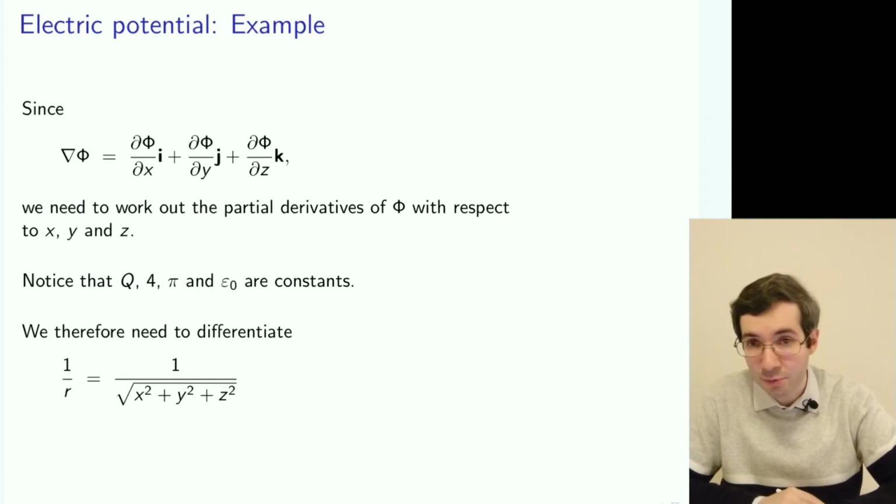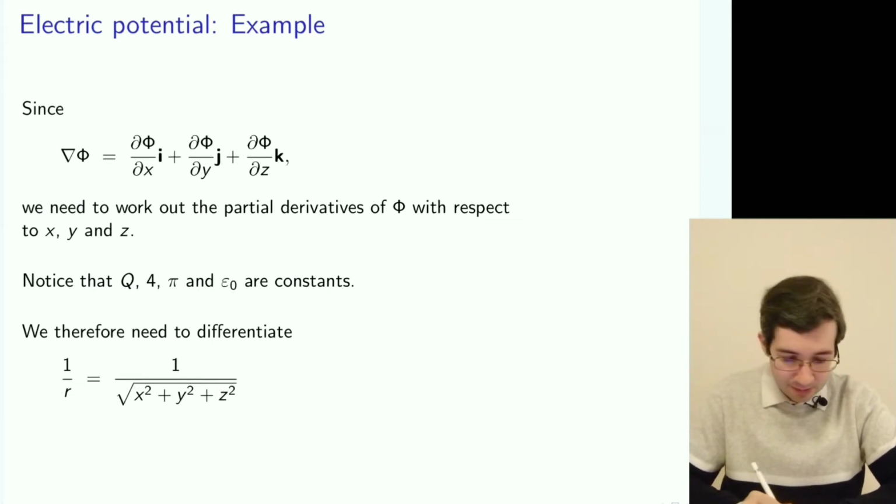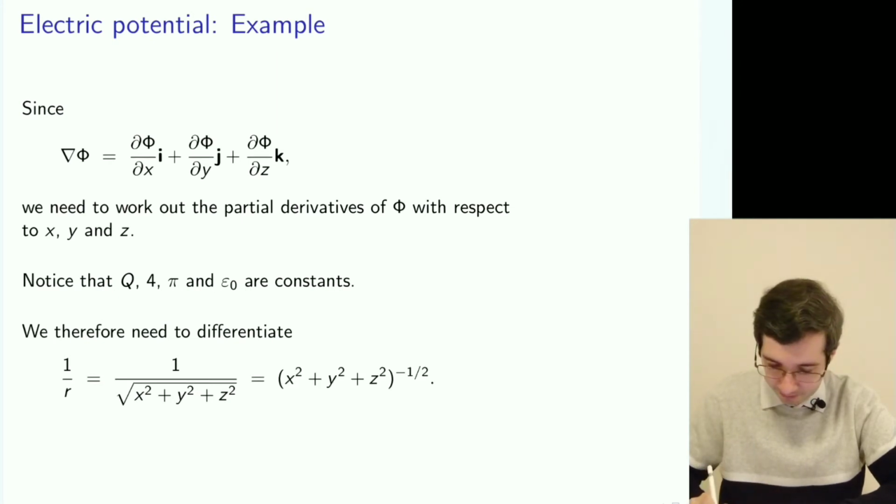It's not straightforward because it's quite a complex function. Let's start with the x. Let's compute the derivative of that function with respect to x. First, we'll note that you can write it in a slightly different way using the negative power.